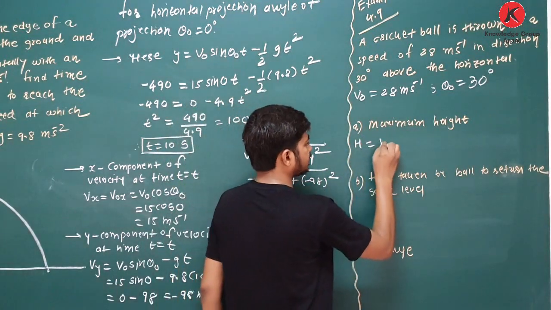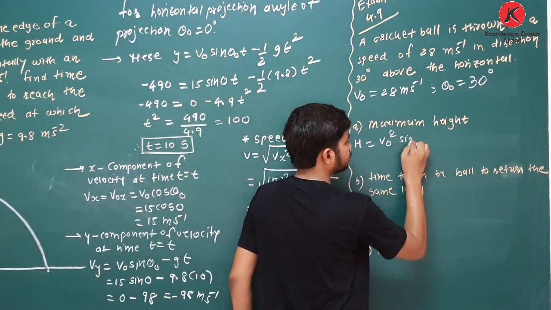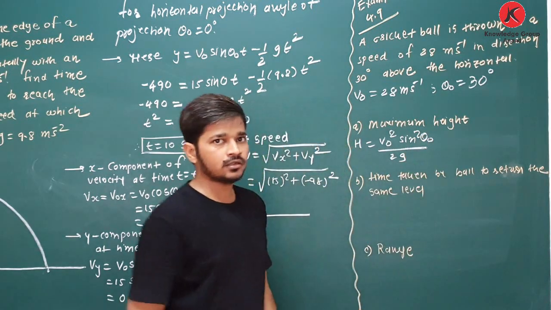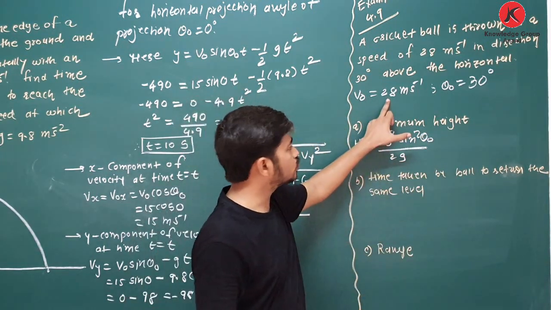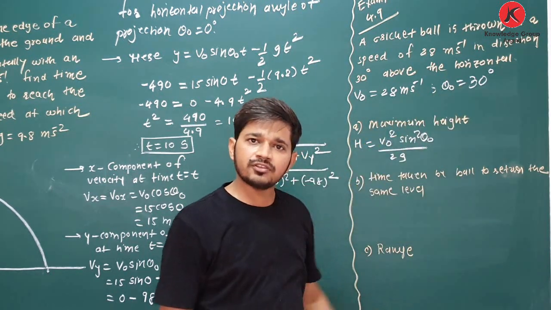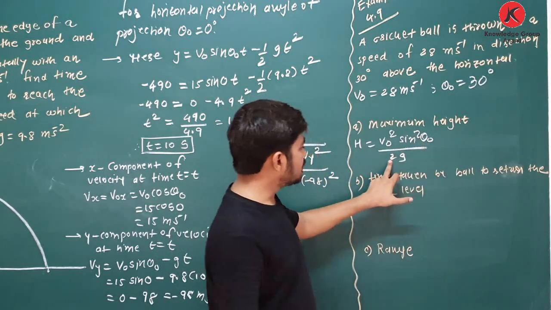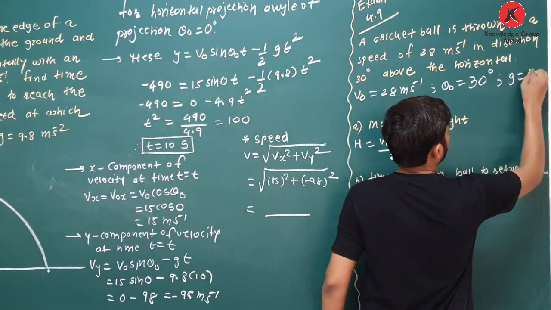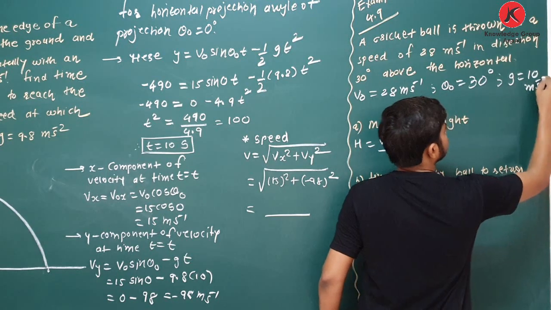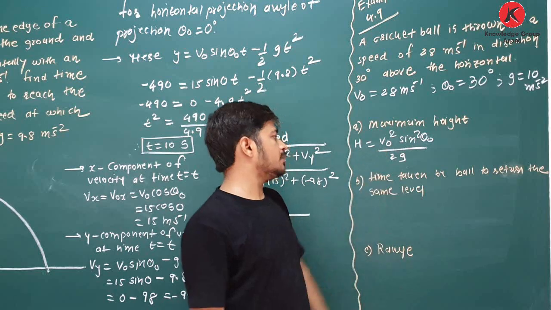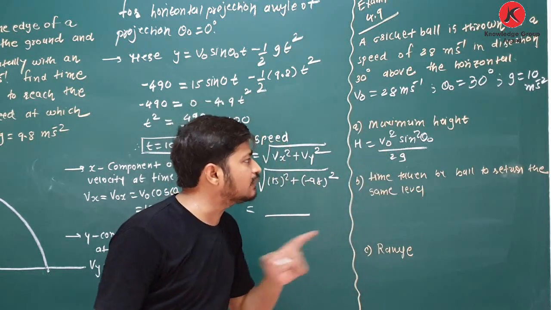What is the equation of maximum height? V0 square sin square theta 0 upon 2g. Simple. What is the value of V0? 28. Sin theta 0, sin 30, what is the value of sin 30? 1 by 2 and its square, divided by 2. Take the value of g as 10 meter per second square. Simple. Second question: time taken by the ball to return to the same level.